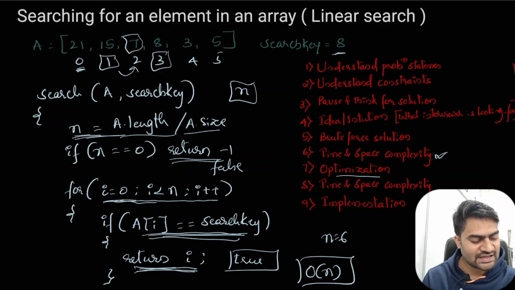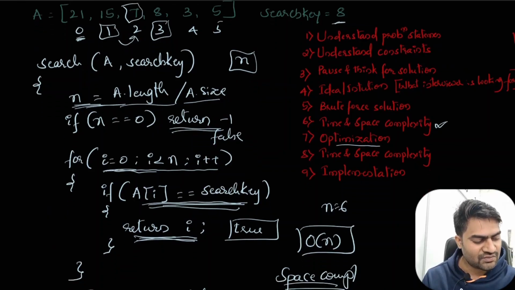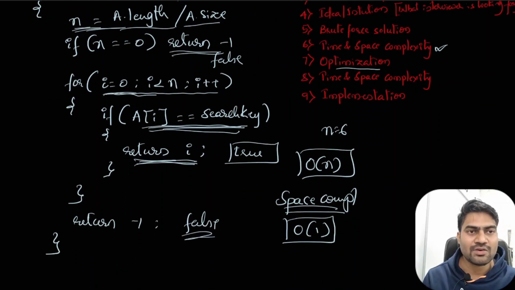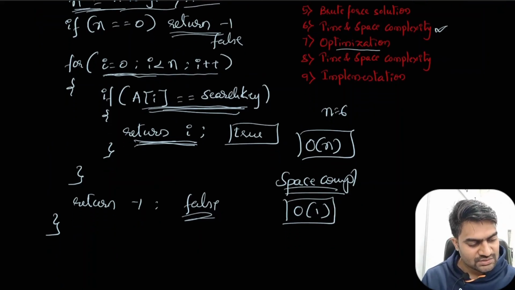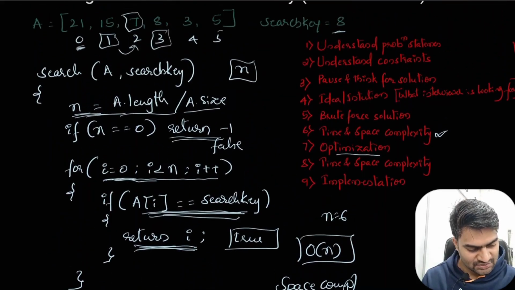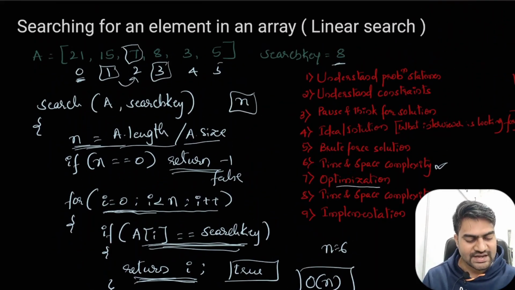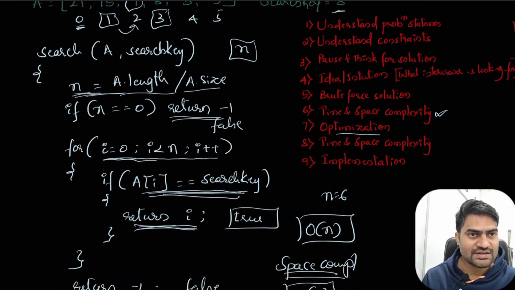That's why it is already in its optimal state, with time and space complexity of order n and order 1. There would have been optimization possible if the elements were in sorted order, but that is not the case here. If the elements were in sorted order, then we would have used binary search, which we will discuss in later videos. But for this video, it is already in its optimal state.